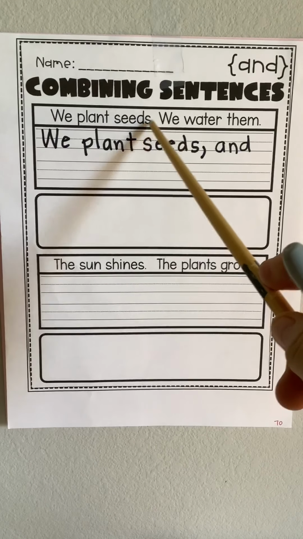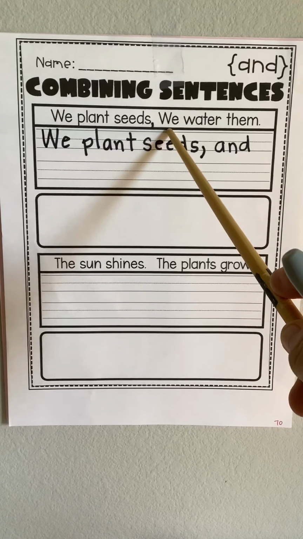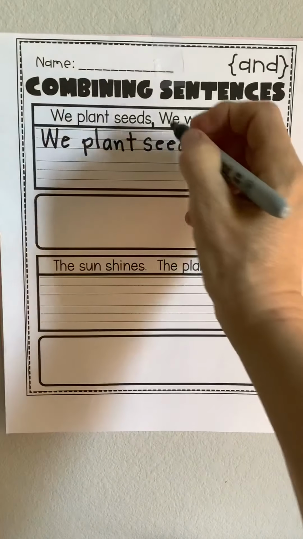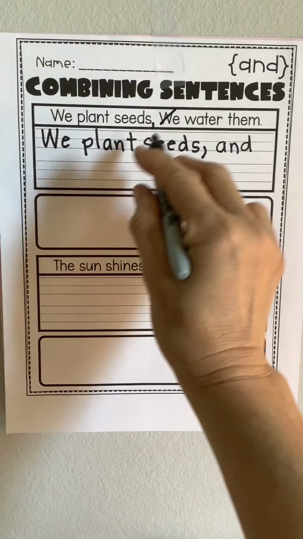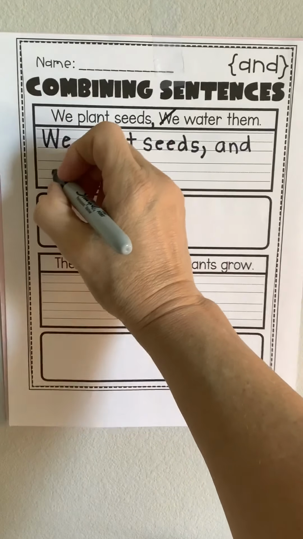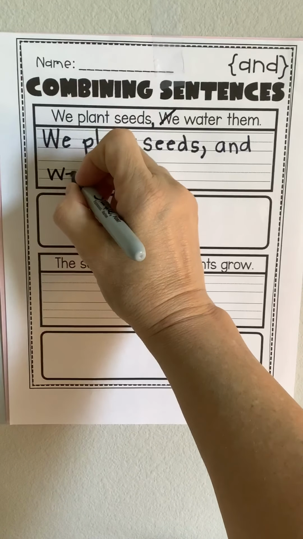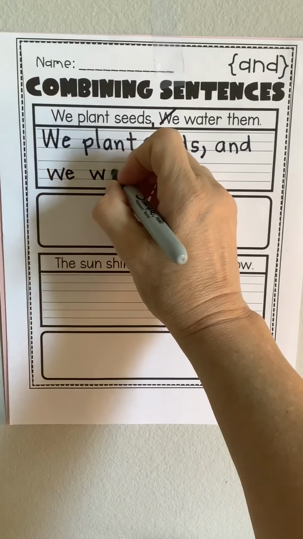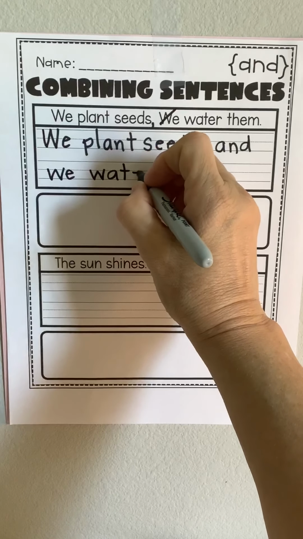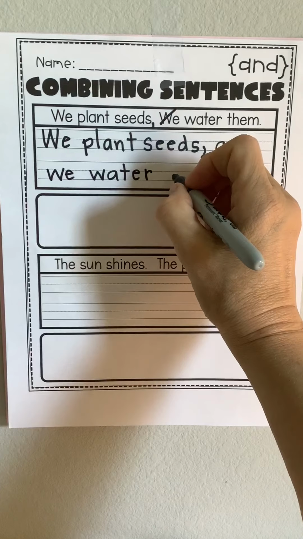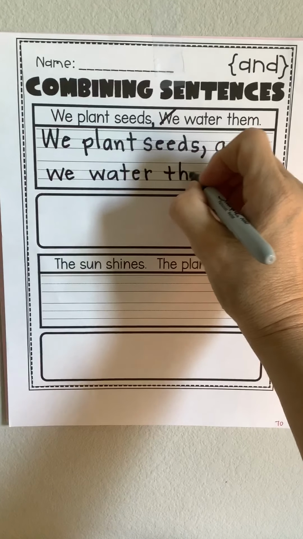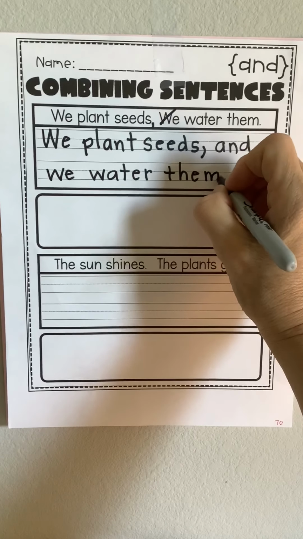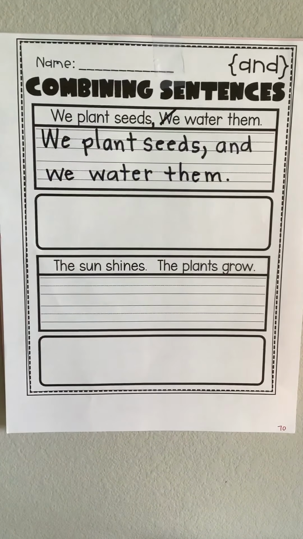It is not. It is not a proper noun, so we are going to change this W to a lowercase, all right? We plant seeds and we water them. So when you're talking about two sentences where you're doing the same thing, it's the same person that's doing both things, you can combine them with the conjunction and.